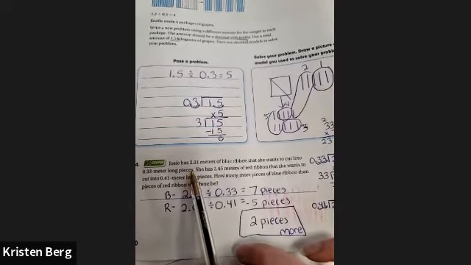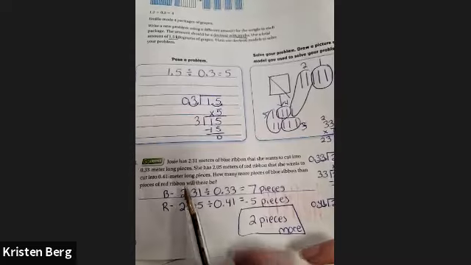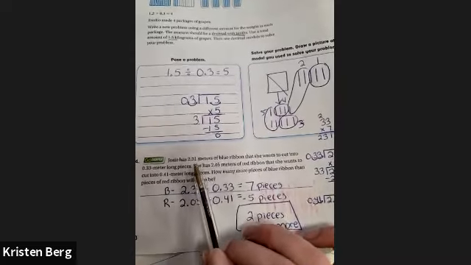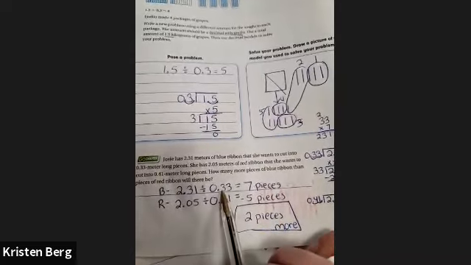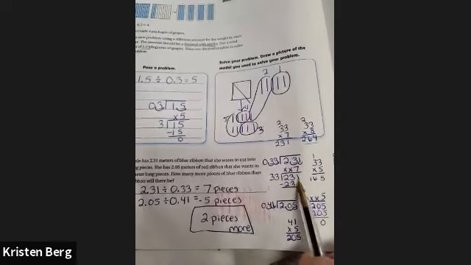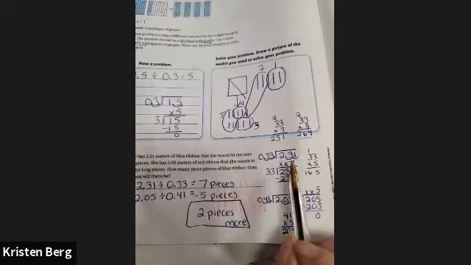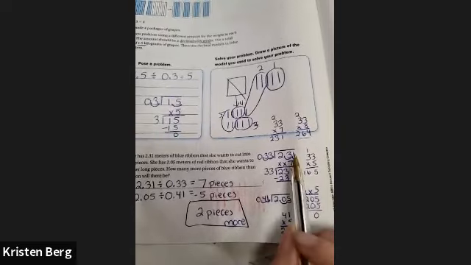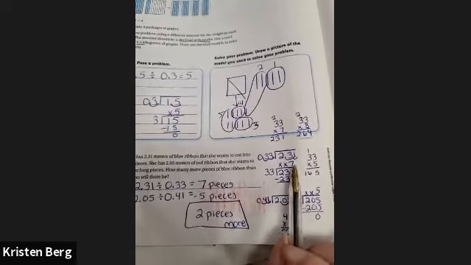So it says right here that for the blue ribbon, she has 2 31/100ths, and she needs to cut it into 33/100ths pieces. If you did the division by moving it into a whole number, both the dividend and the divisor, you would have gotten 7 pieces there.